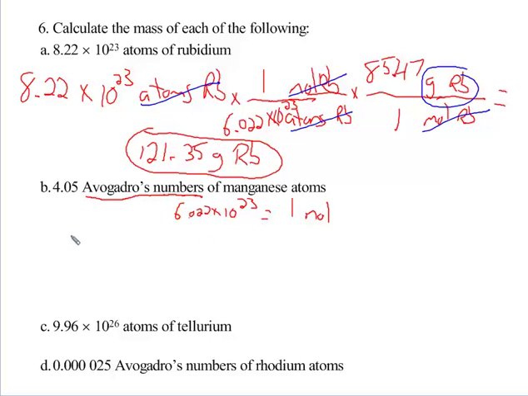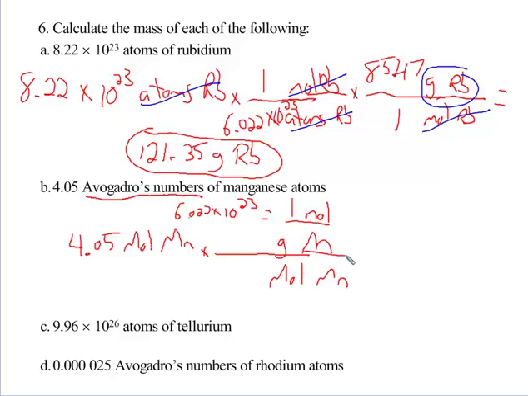So I might as well set it up for you real quick since I'm talking about it. 4.05 of Avogadro's number. So you would use this right here. So 4.05 moles of manganese, Mn. Now it's just like one of the problems we've already done. We don't want moles, we want to know the grams.